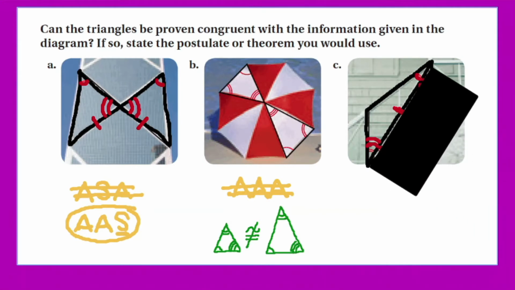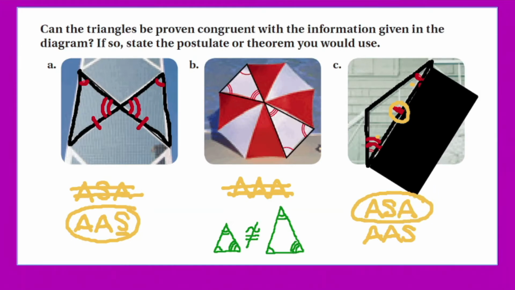If I cover up one of those triangles, let's think about where the side is positioned. Is that side positioned between the two angles, or only next to one of the angles? I'm seeing this angle here and this angle here, and that side is right between the two of them. I'm thinking this one is an angle-side-angle.